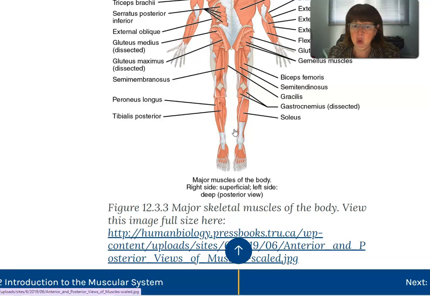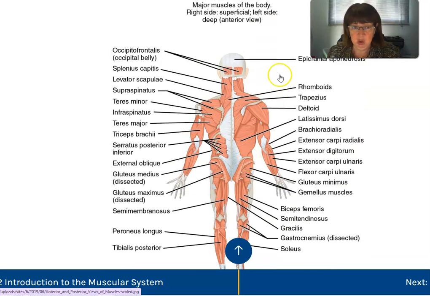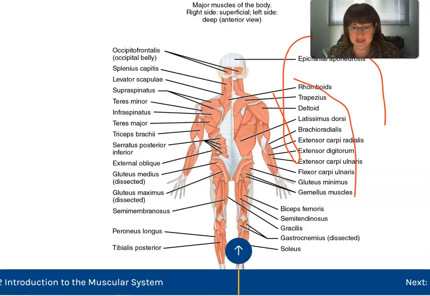Now notice you only need to know the superficial muscles. On the back view, the right side is superficial, so you only need to know the right side. You only need to know these, the superficial ones.